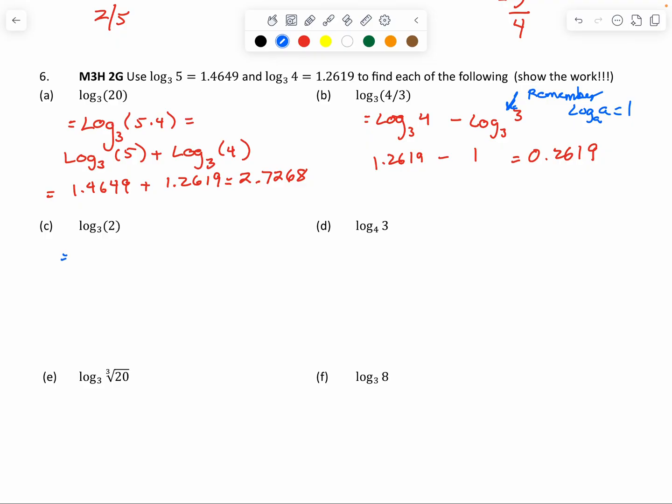Okay, so what about this one? I don't have 2, I have 4. How do I get 2 from 4? Well, it's half of 2, but that doesn't help. Let me just write that down.